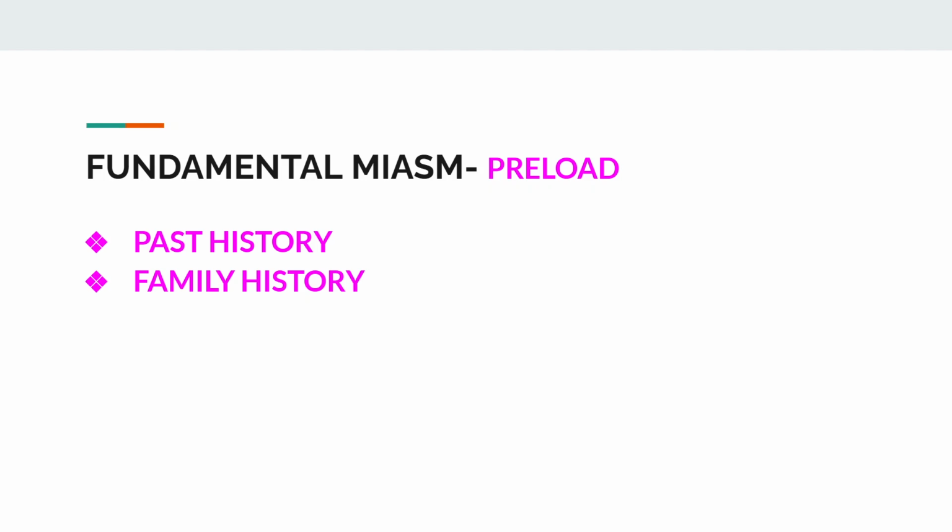If the family history has diabetes or malignancies, it indicates the load of syphilitic miasm. If the family history is of renal calculus or asthma, it indicates the preload of psoric miasm. If in the past history the patient suffered from pneumonias or tuberculosis, it indicates the patient has the load of tubercular miasm on his system.